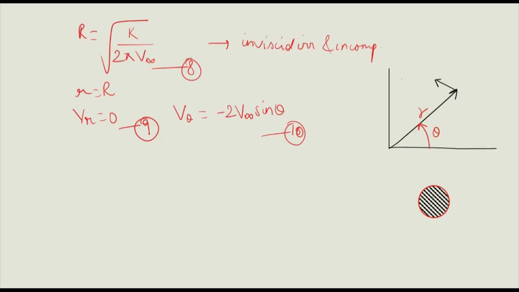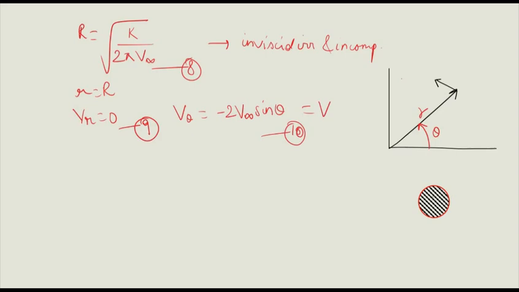So we have V_r as 0. Then we have equation 10, which is giving the tangential velocity, which is the full magnitude of velocity on the surface of the cylinder, given by V theta equal to minus 2 V infinity sine theta, which we can also call V on the surface.